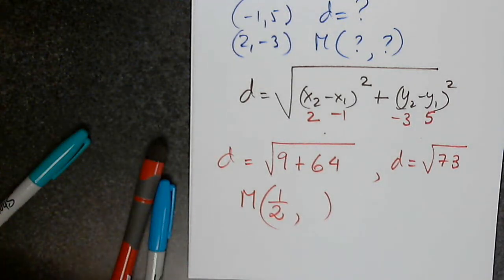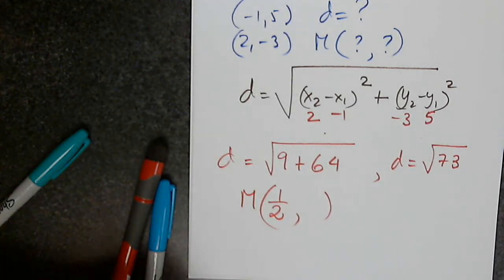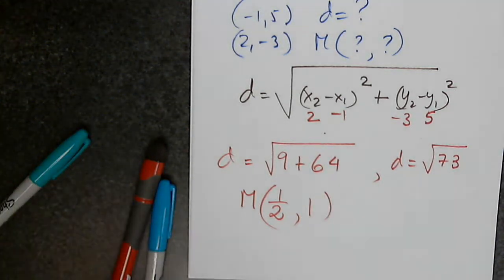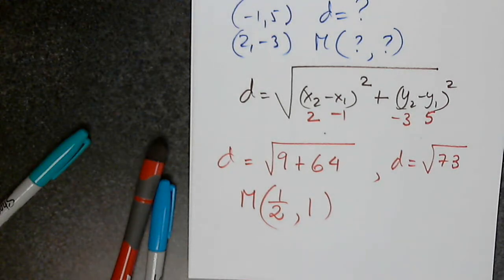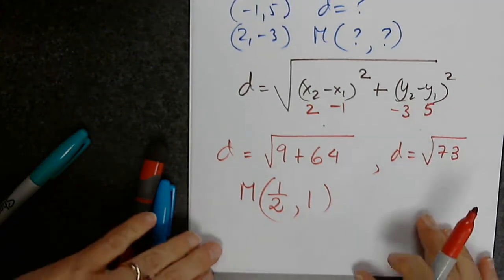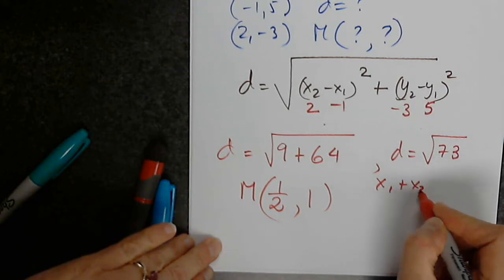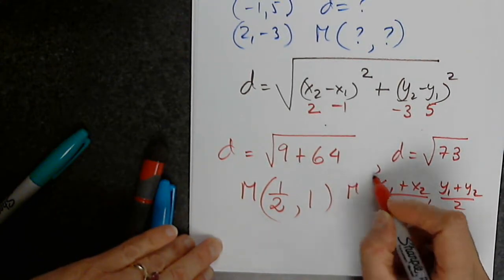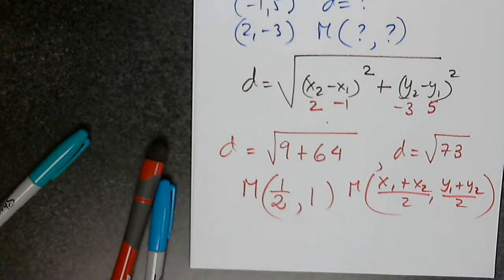Divide by 2. And then I'm adding 5 to -3. What do I get? 2 divided by 2, 1. The average of x's and the average of y's. x1 plus x2 over 2, y1 plus y2 over 2. Average of x's, comma, average of y's.